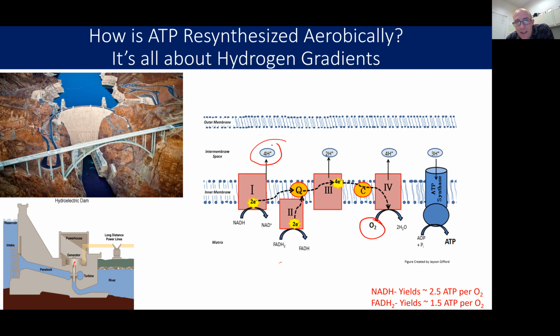So the consequence of that is more hydrogens equals more ATP. So in terms of efficiency, if you had a choice, and you don't, but if you did, between only having NADH or FADH2, you'd probably want to go with NADH because you're going to get more ATP per oxygen. And it all comes down to moving those hydrogens.